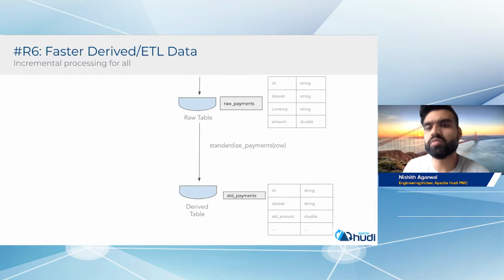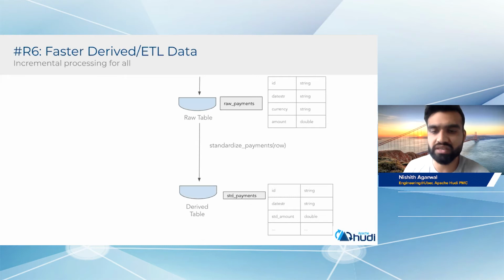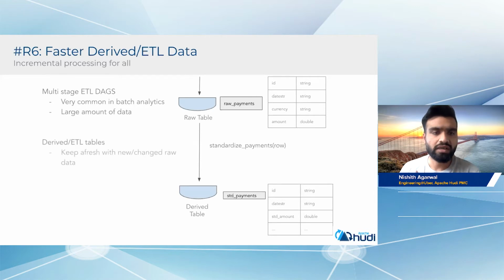A good example is you may have payments as a raw table, and you essentially want to standardize that payments into a particular standard amount. And you're creating a derived table based on that. So then maybe you have payments in different currencies, and you want to standardize them based on some metric that you have. Generally, these pipelines are multi-stage DAGs, very common in batch analytics. You have a large amount of data that you want to read, and you want to keep refreshing your downstream table as and when new data is available upstream.